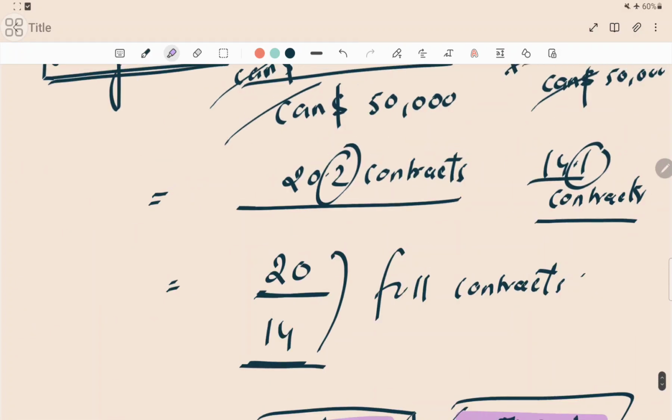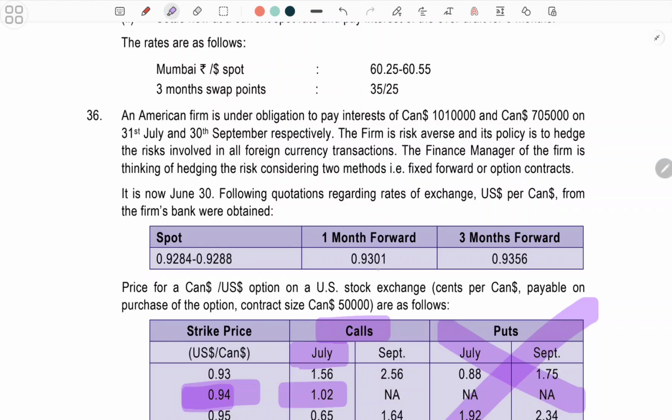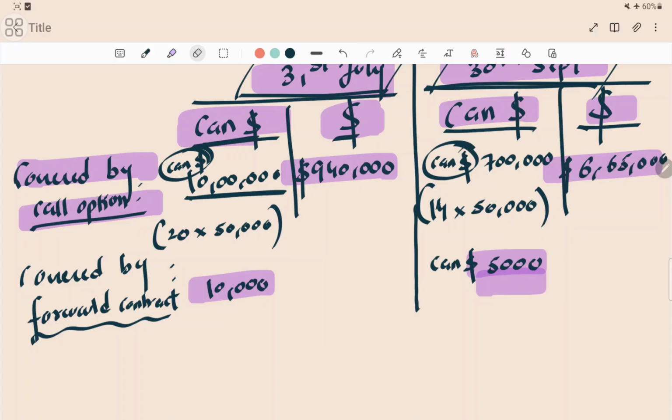So let's see the forward rate. This is the forward rate, 1 month and 3 month, right? So 0.9301 and 0.9356. Okay, so we multiply this.